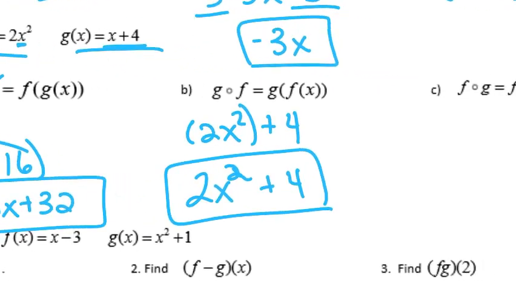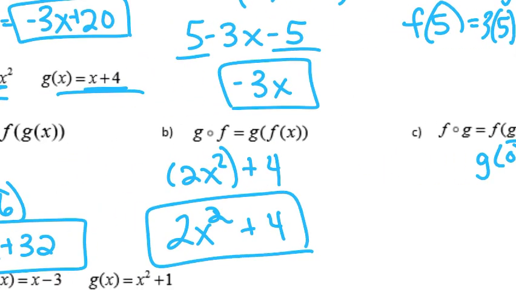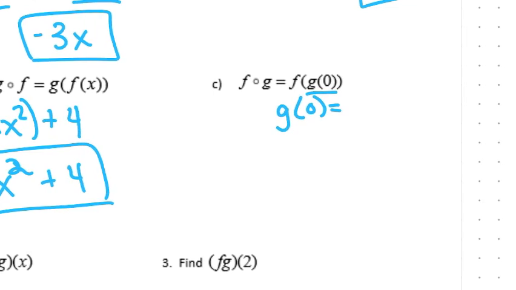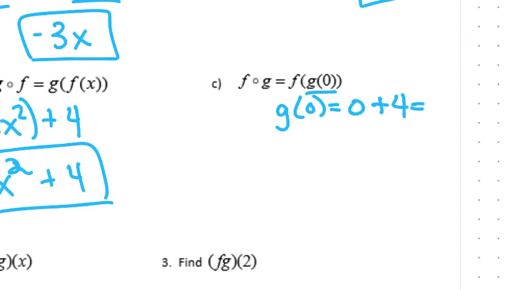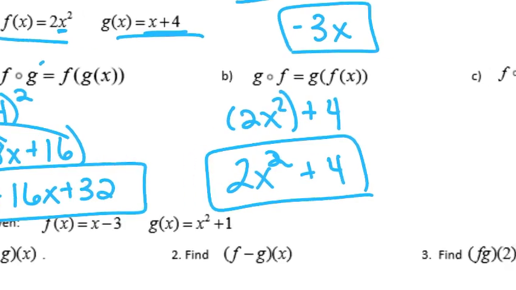Okay, the last one is f of g, where g is of 0. So I'm going to find out what g of 0 is first. Look back at my function. Function is x plus 4. So 0 plus 4, which just equals 4. So everywhere I see an x, I'm going to plug in the 4.